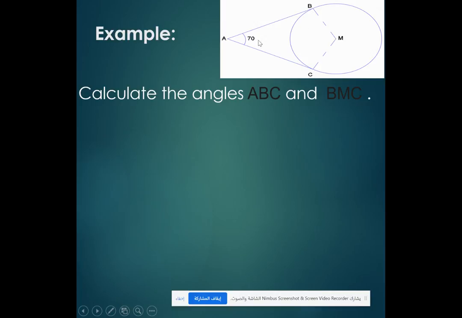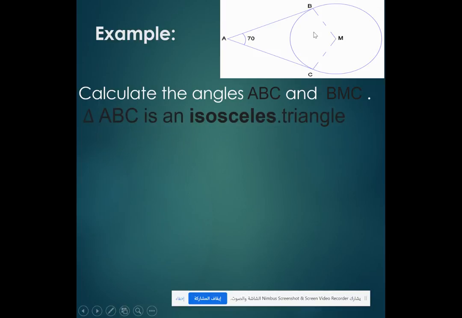Because you know that the shape here, ABMC, is a cyclic quadrilateral, this B is 90 and this C is 90, and opposite angles are supplementary. Similarly, this 70 should be added to the measurement of angle M to make 180 because it is in a cyclic quadrilateral. That will make the measurement of M equal to 180 minus 70, which is 110.